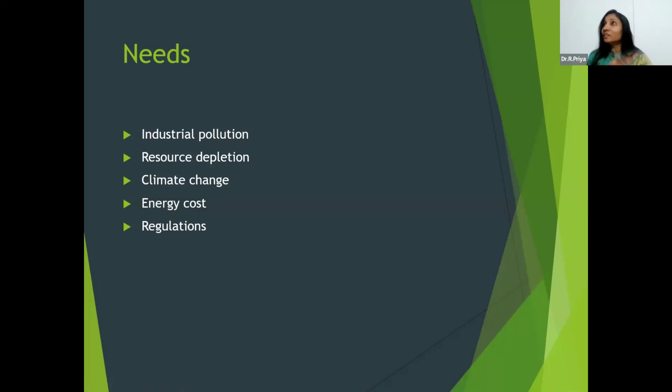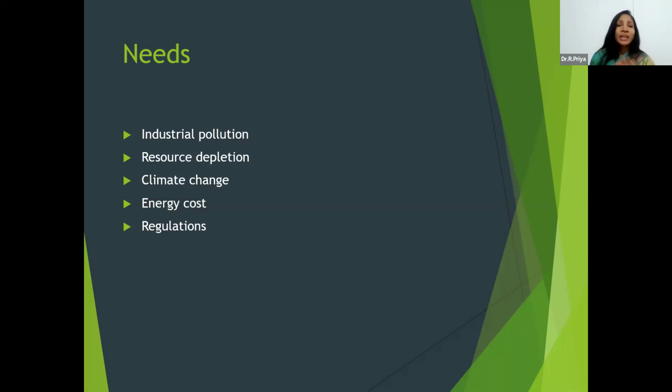Pollution from factories causes air, water, and soil contamination, which affects human health and ecosystems. So engineers are now expected to design processes that reduce emissions, toxic waste, and noise pollution.